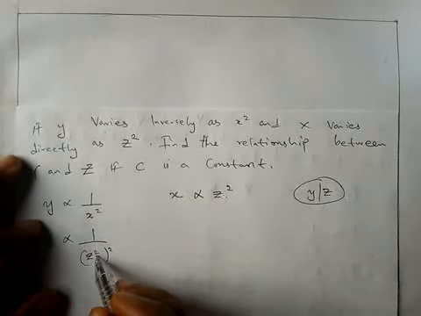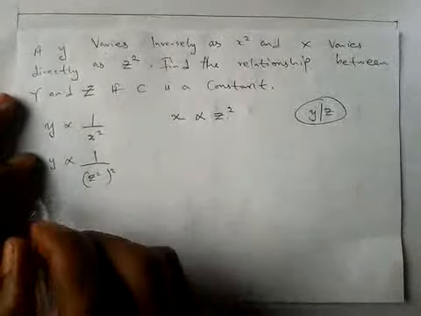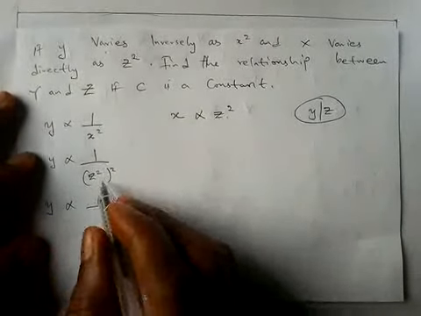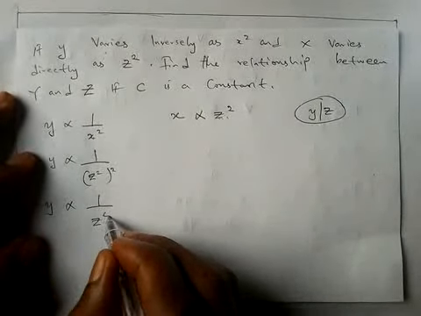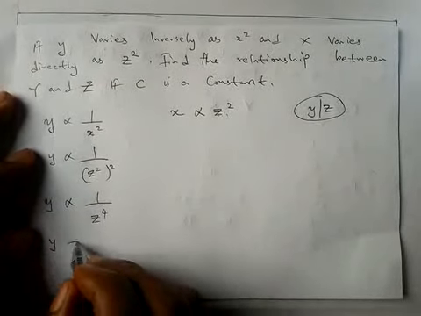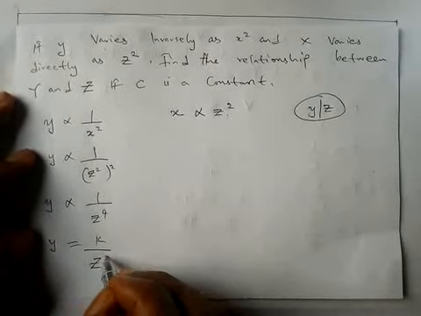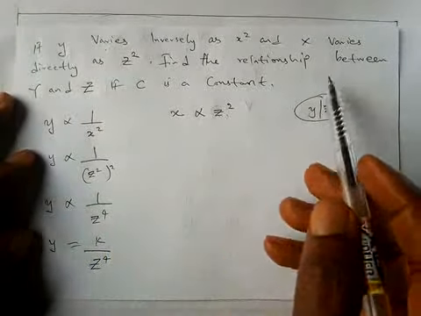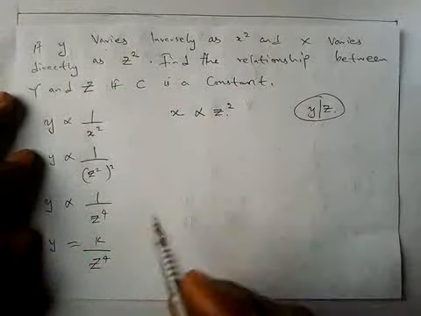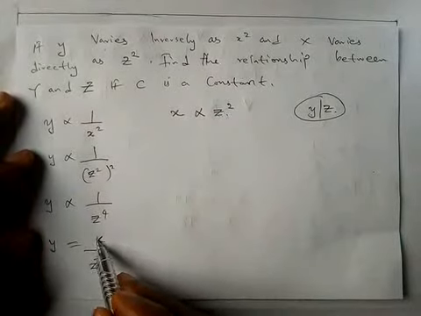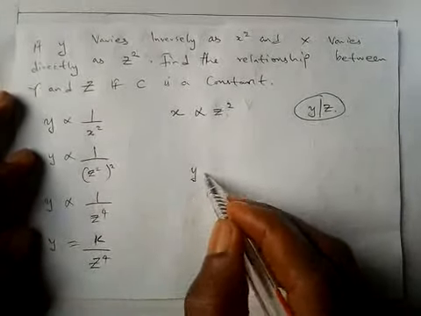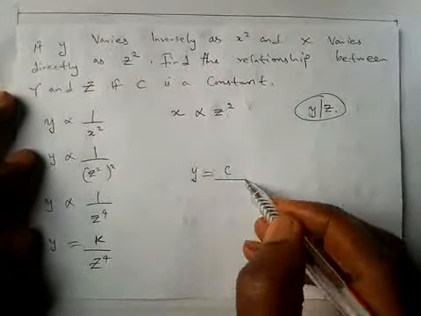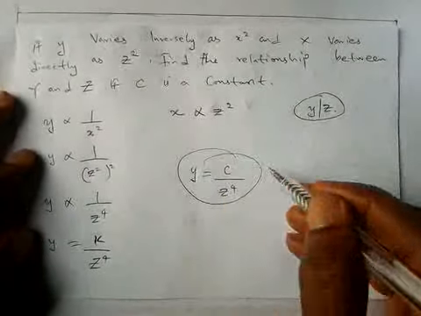So y is proportional to 1 over z raised to power 4, meaning that y is equal to k over z raised to power 4. So this is the relationship between y and z. Now the constant now is not k but c. So y is equal to c over z to the power 4.